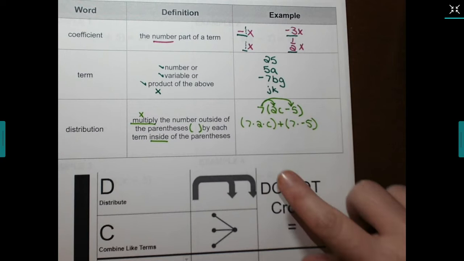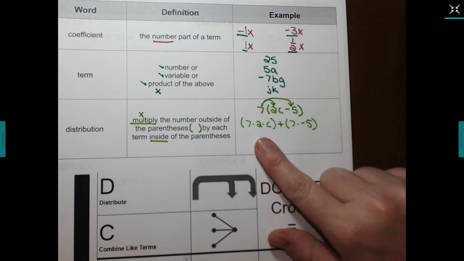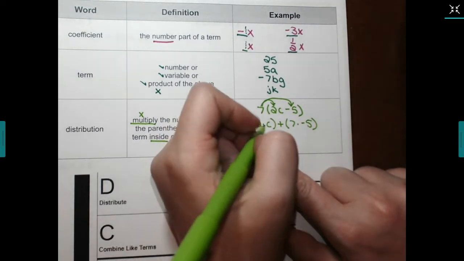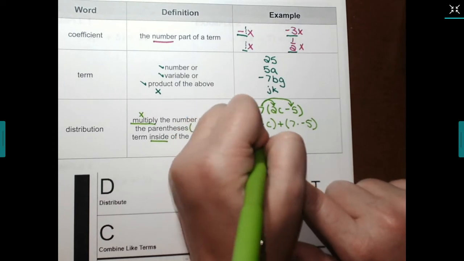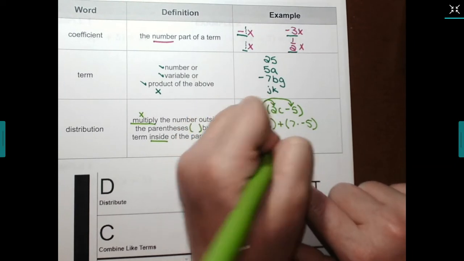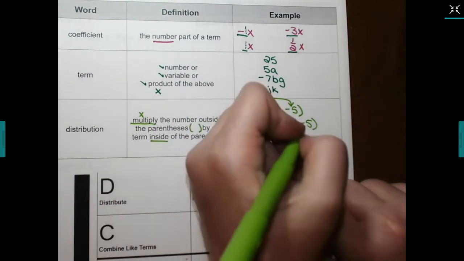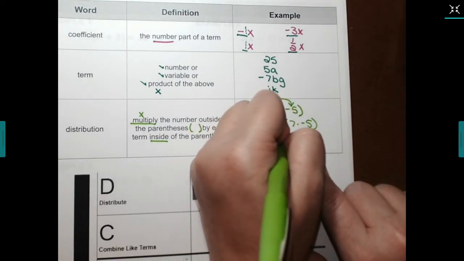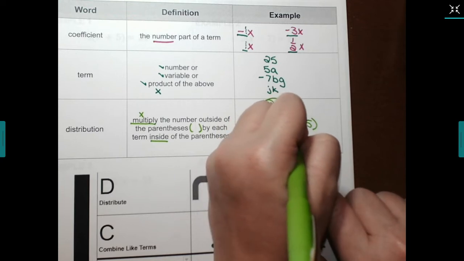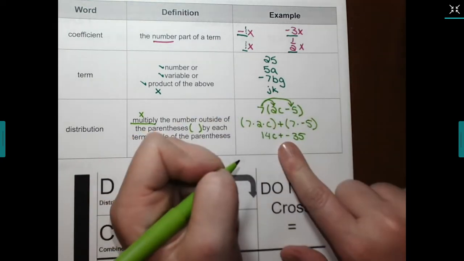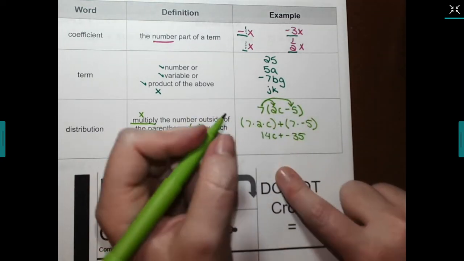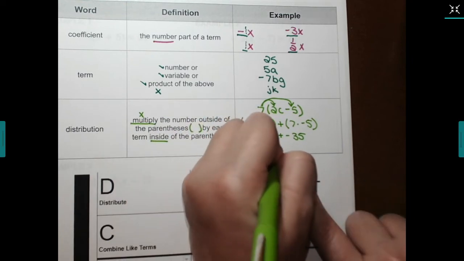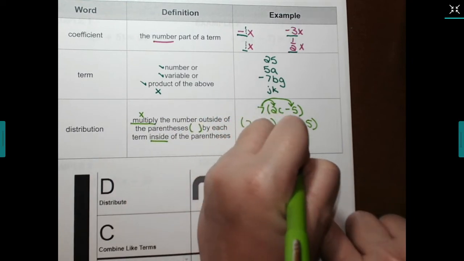Okay? 7 times 2 is a great moment for Desmos if you don't know it off the top of your head. Otherwise, it is 14c minus, because this is going to be a negative 35. So you could say plus minus 35. But then that plus minus, remember we talked about last time, does turn into 14c minus 35.